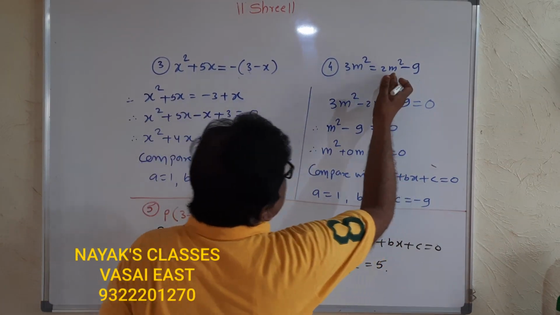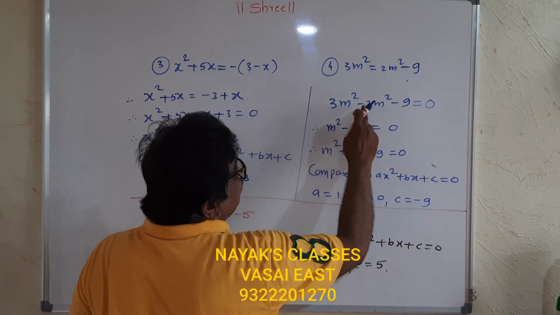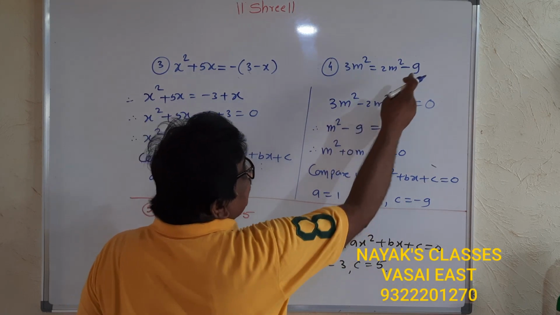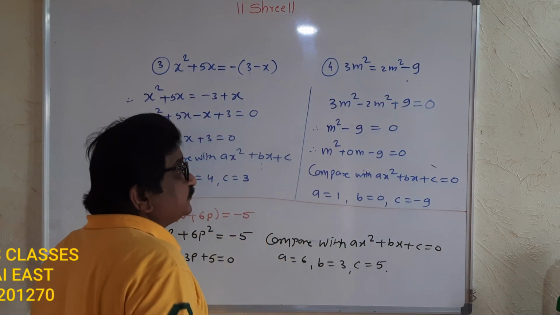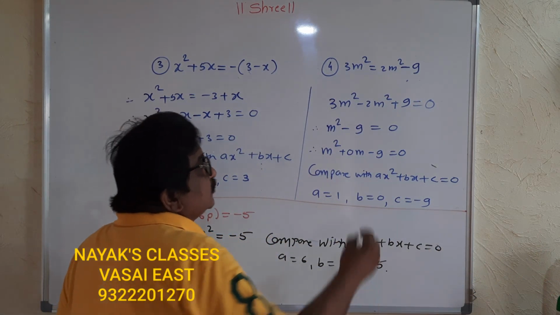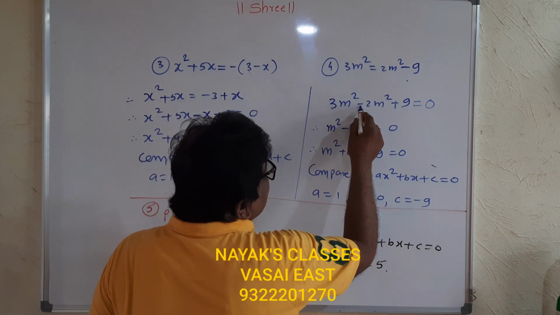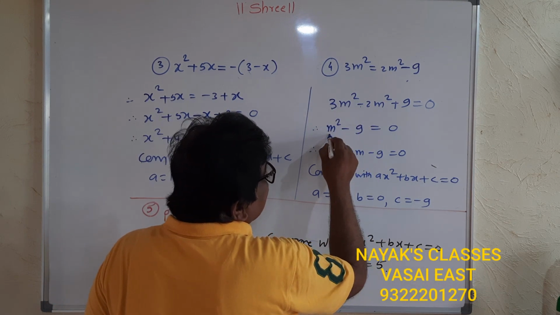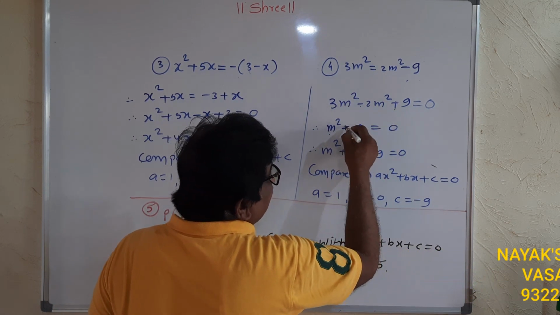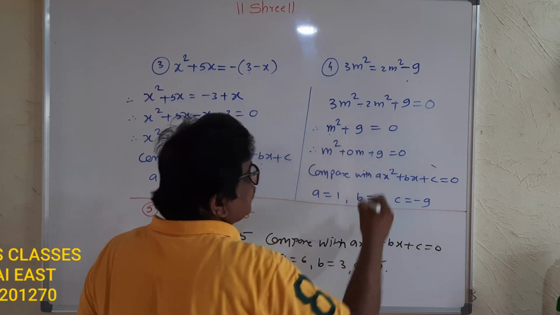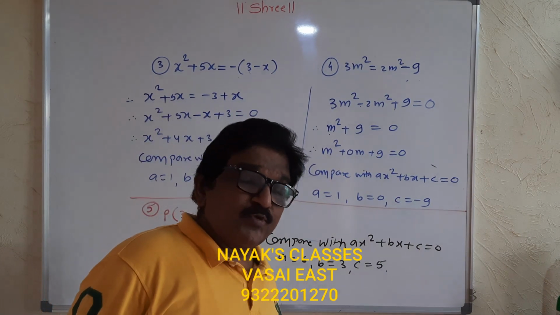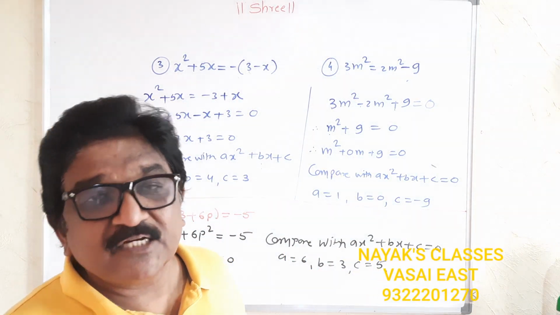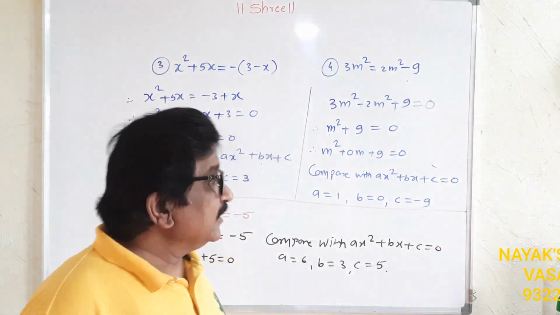When you bring this 2m square to this side, it will become minus 2m square, and minus 9 will become plus 9. So 3 minus 2 is m square, and plus 9. So m square plus 9 is a quadratic equation.